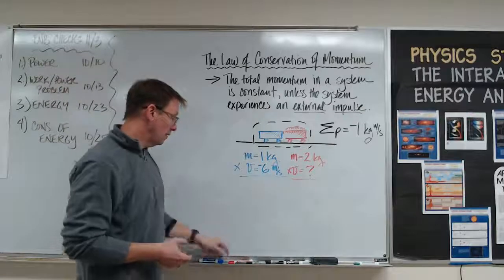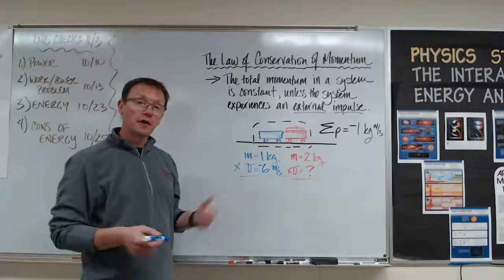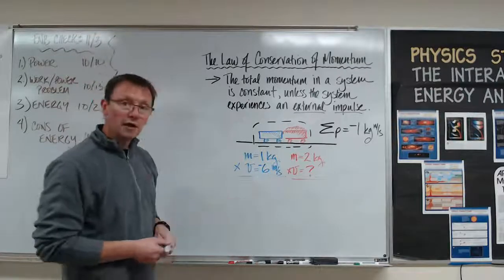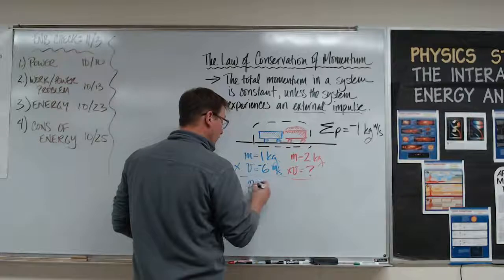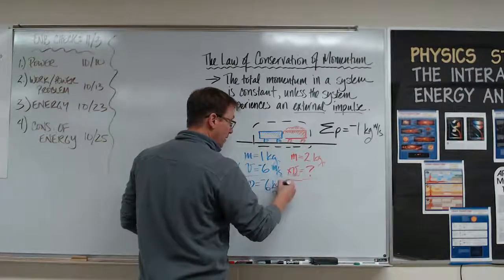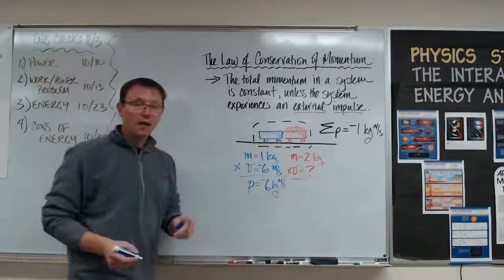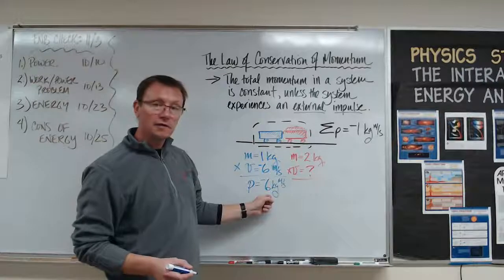And so we need to be able to calculate what the momenta are for both of the carts. So for the blue cart, it's still mass times velocity, or 1 times -6, which gives us a new momentum of -6 kilogram meters per second. So here's the trick. I know that I have to get -1 total, and I have -6 here.